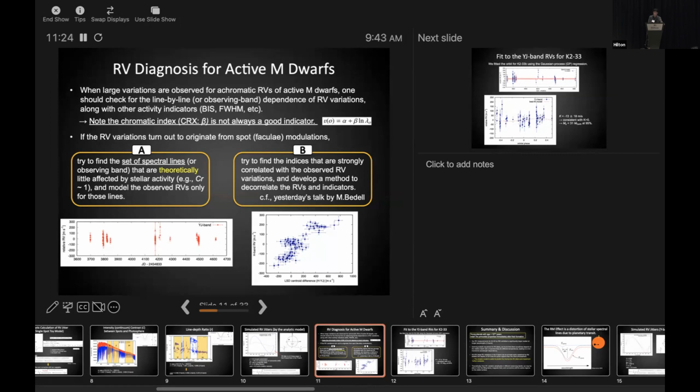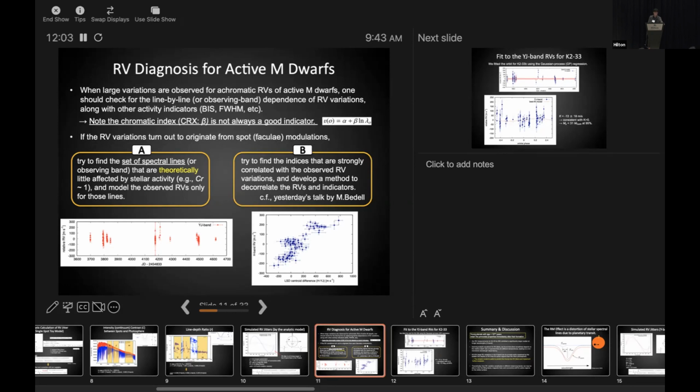I know that there are some efforts trying to measure line-by-line LV to investigate activity. But if I understand correctly, the line-by-line technique only works when you have a large number of LV data points, for example, 100 data points. But here I'm suggesting that the analytic equation is very useful, even if the number of LV points is relatively small.